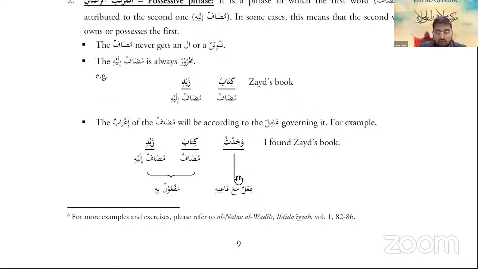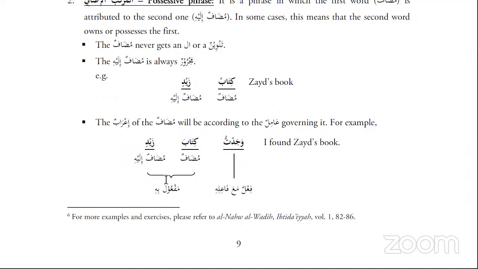Correct. And maf'ul bihi is the object. Which contains mudaf and mudaf ilayh. Mudaf, we said, is the noun, right? Mudaf is the possessed, and mudaf ilayh is the possessor.